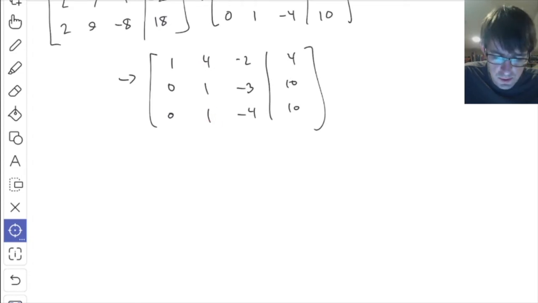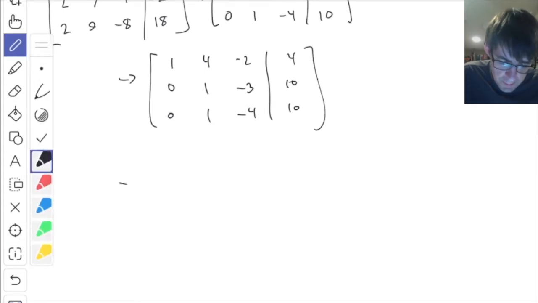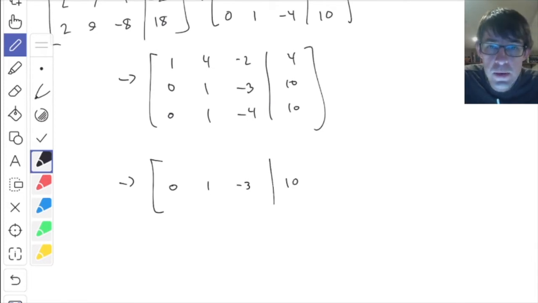So I'm using this 1 in the middle, and I'm going to do eliminations upwards and below to put zeros in those other 2 positions. So I'm going to copy the middle row like it is, and then to get a 0 above the 1 in the middle, I'm going to subtract 4 times the middle row from the top row.